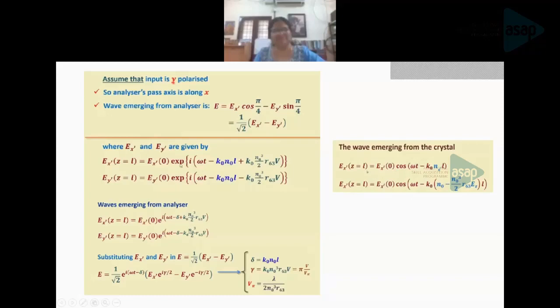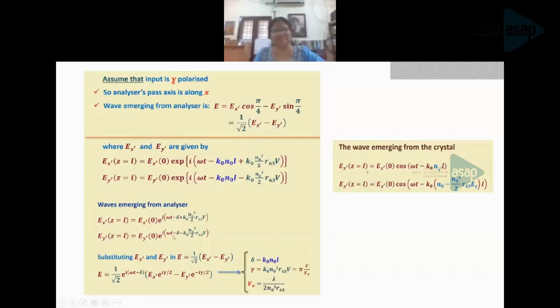So Ex prime at Z equal to L is this, and Ey prime at Z equal to L is this equation. The same equation can be rewritten like this. There is no change, only the exponential term is written as e raised to. That's all. Now you have Ex prime and Ey prime. Now substitute these values in the resultant field equation, and you will get this equation.